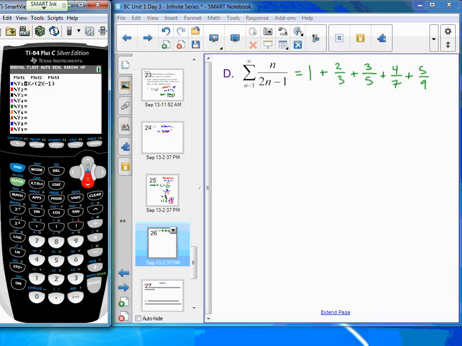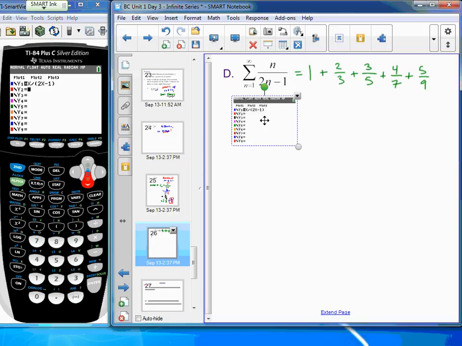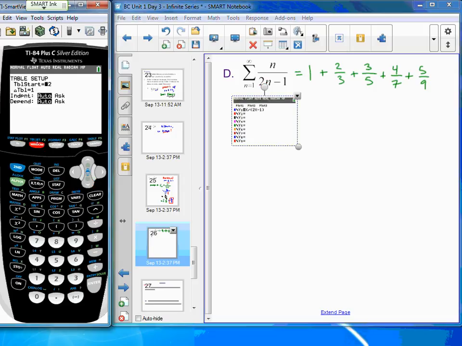So if I entered my term rule in the y equals menu, and I go to my table, and because I was with my advanced algebra buddies, I had auto for the table, but we all know that ask is where it's at for the independent variable. And I went to my table, and I let n get large, like 10, 100, 1,000, 100,000.